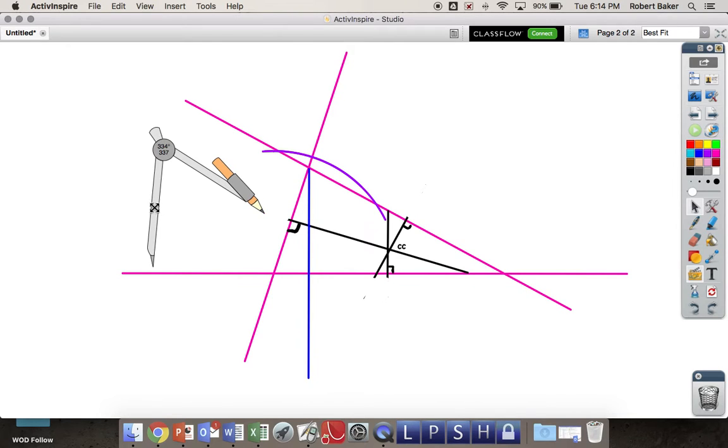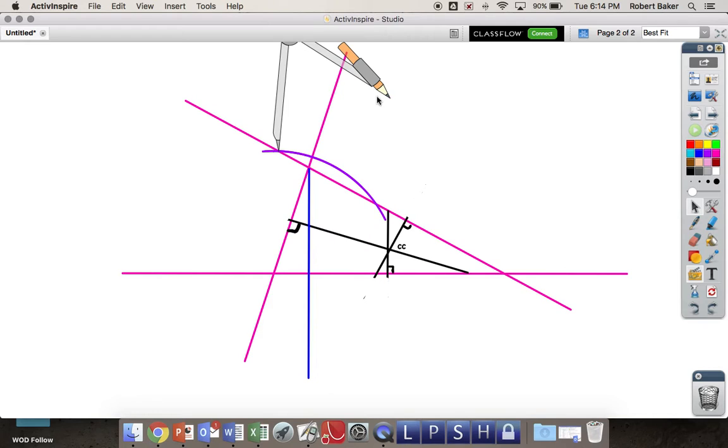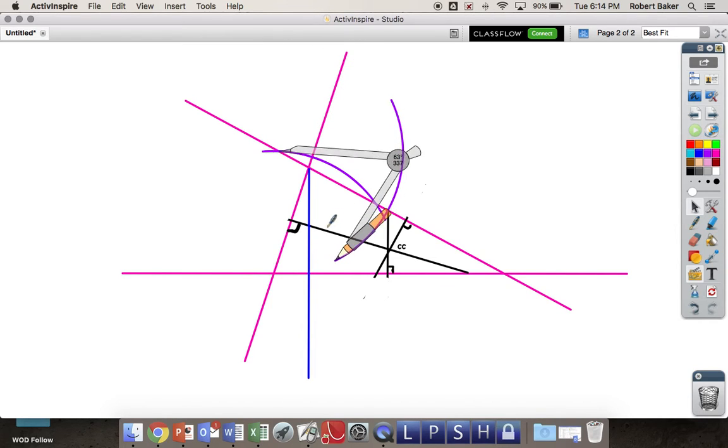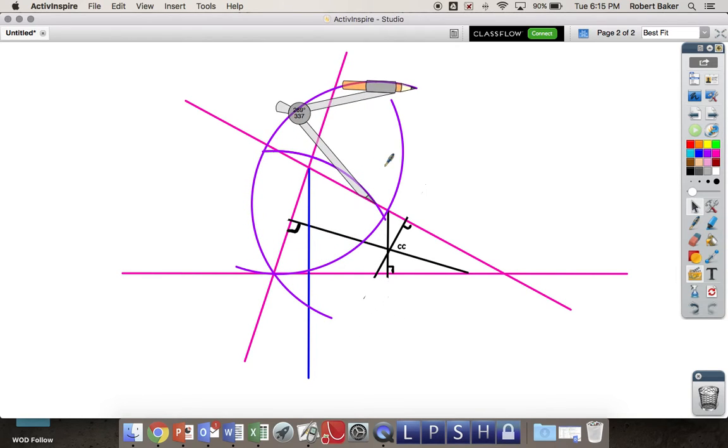So now that I have those 2 working points, I'm going to put my pivot point on the first location. I'm going to swing an arc up and down. I'm going to move to the other working point, which is right here, and I'm going to swing an arc up and down.